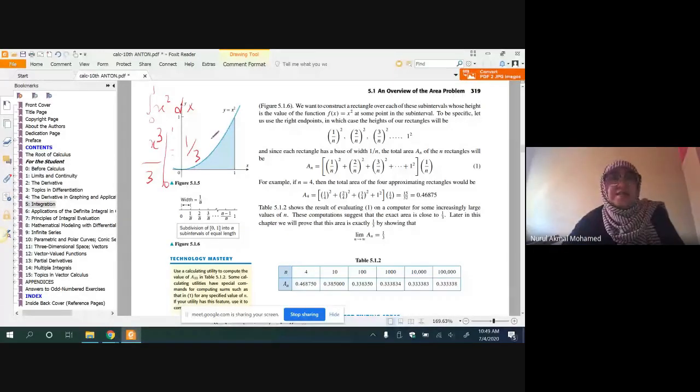But let's say you don't know how to integrate this. For that case, you have to approximate. So how do we do that?